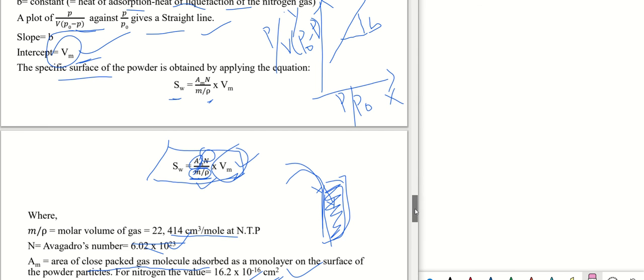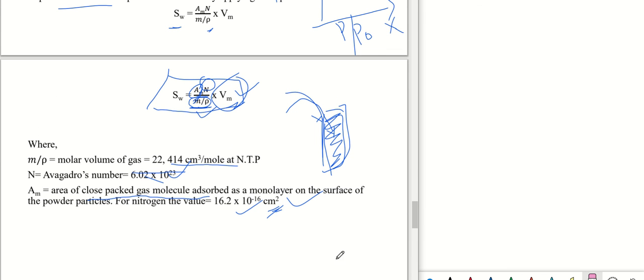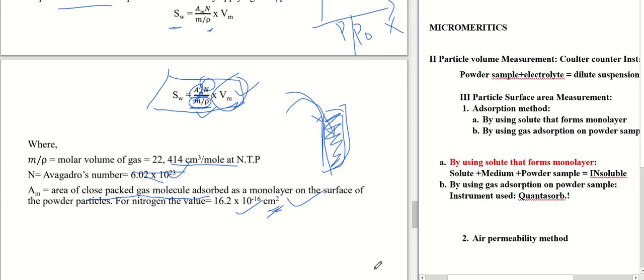So this is how we will be making use of gas adsorption onto the powder sample as a principle to determine the surface area. So this is about the adsorption method.